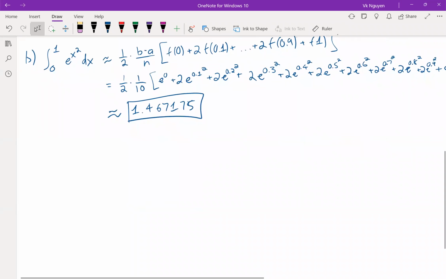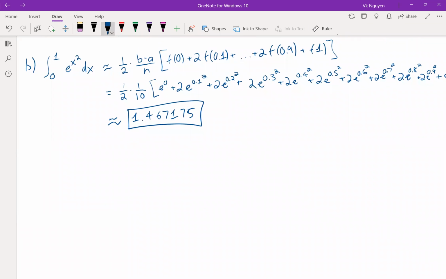Last one is, yay, let's take a look at the Simpson rule. C, integral 0 to 1 e to the x squared dx is approximately, Simpson is 1/3 of the width b minus a over n.